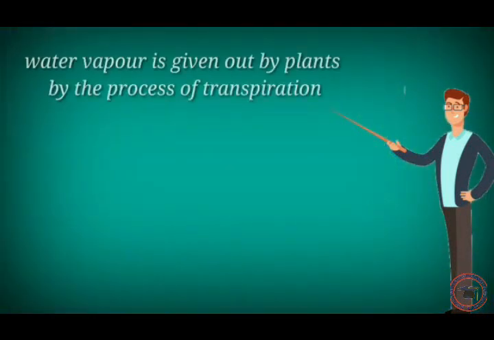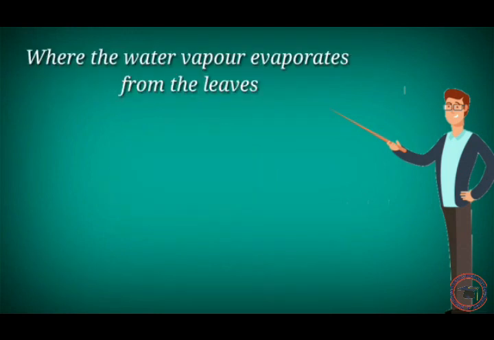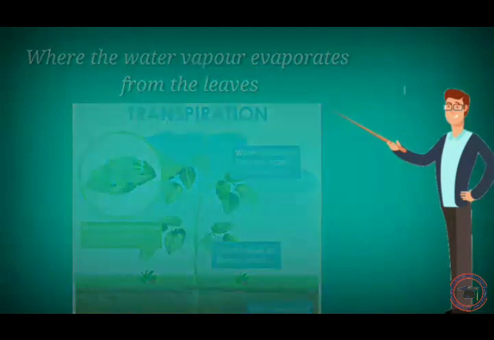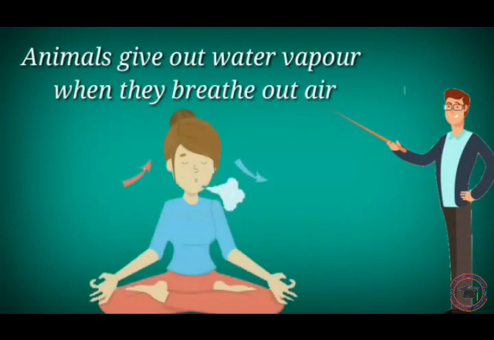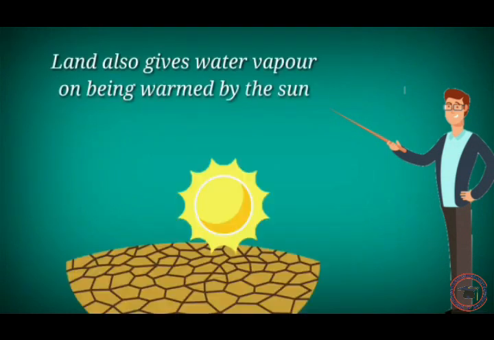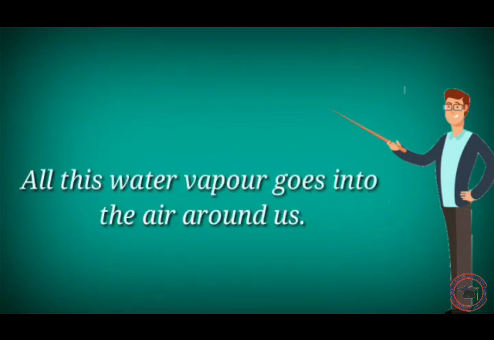Water vapor is also given out by plants by the process of transpiration, where the water vapors evaporate from the leaves. Animals give out water vapor when they breathe out air. Land also gives water vapor on being warmed by the sun. All this water vapor goes into the air around us.